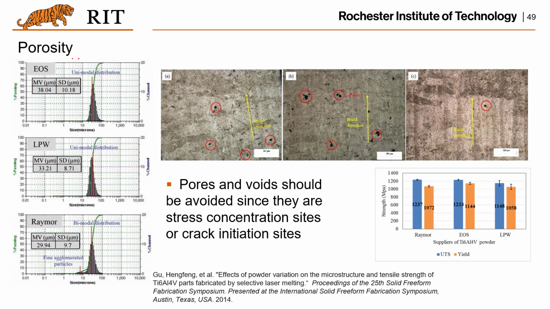Also, the porosities. During the printing process, definitely you do not want to have those voids in your building part, because the pores and the voids will be the stress concentration sites or the crack initiation sites.